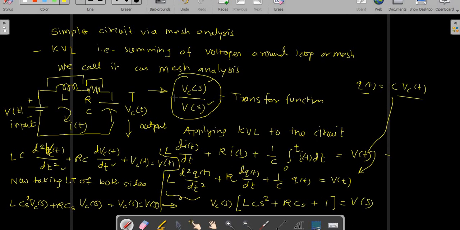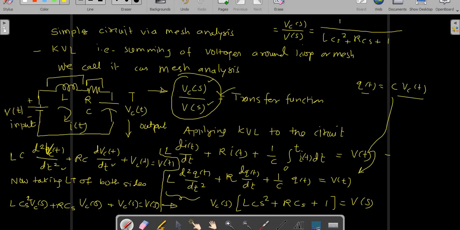Writing this in the form of Vc(s) divided by V(s), this is the transfer function. So Vc(s)/V(s) = 1/(LC s² + RC s + 1).